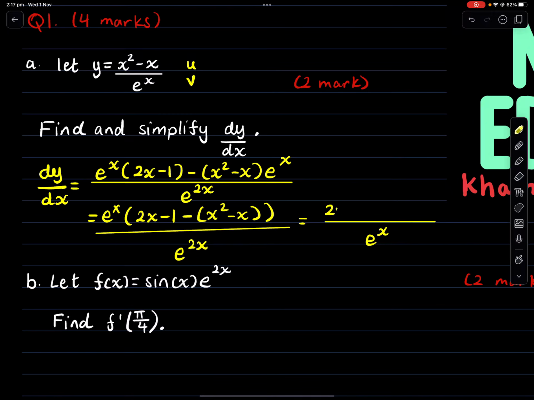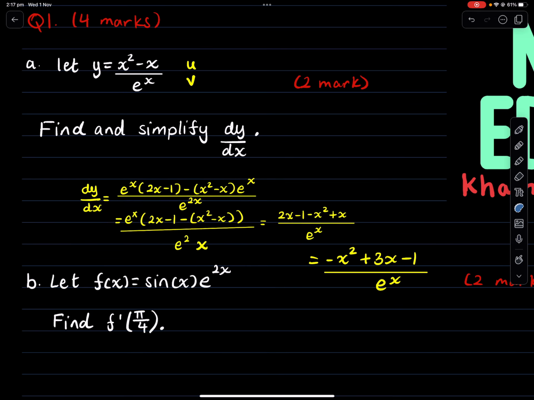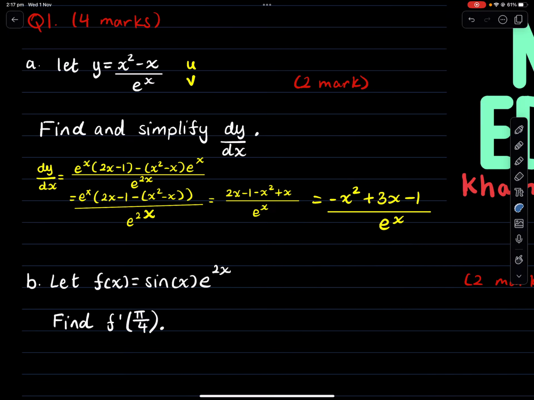So this will be 2x minus 1 minus x squared plus x. So minus x squared plus 3x minus 1, all over e^x. This is your actual solution. It's very small, but yeah, that's that. Perfect.